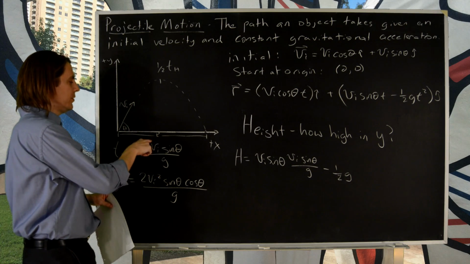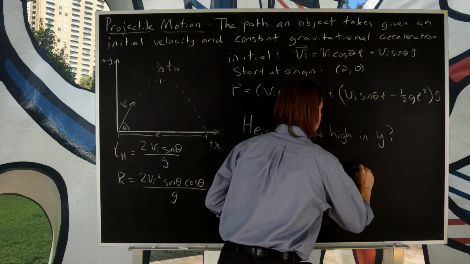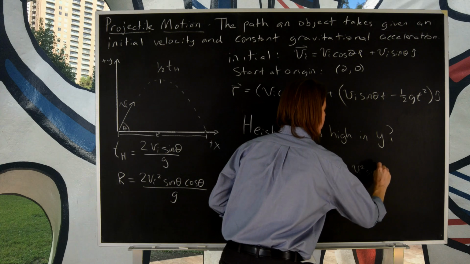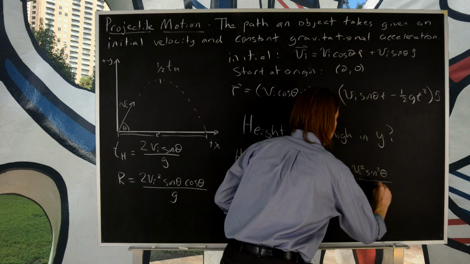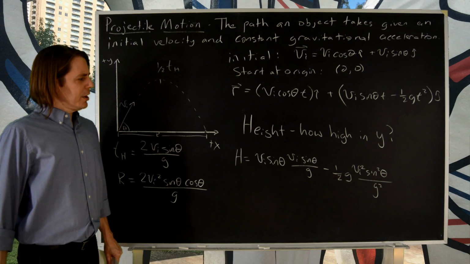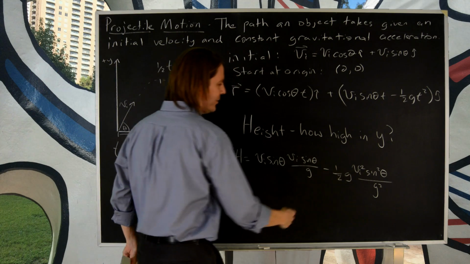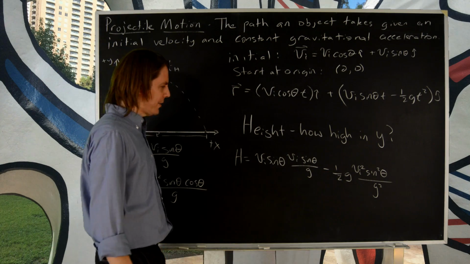A half t squared is v_i squared sine squared theta over g squared. And then you say, oh, that one kind of made a mess, didn't it? Well, not really. If you look, you'll notice these are kind of the same term. The difference is only a factor of a half.